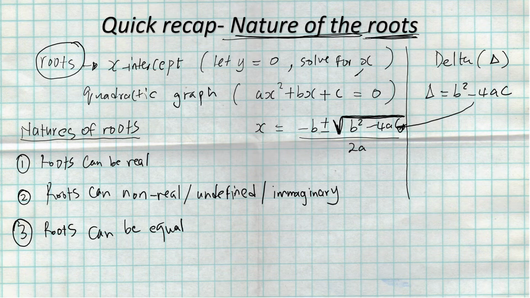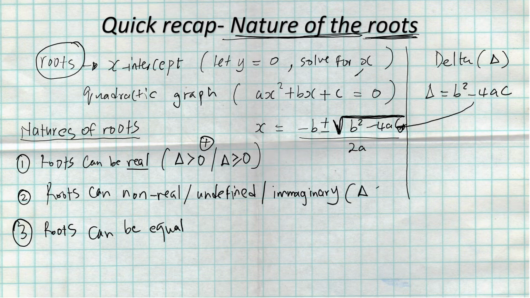So how will we know after calculating delta that our roots are real? If your delta is greater than 0, sometimes they say greater than or equal to 0, then your roots are real. How do we know when our roots are non-real, undefined, or imaginary?